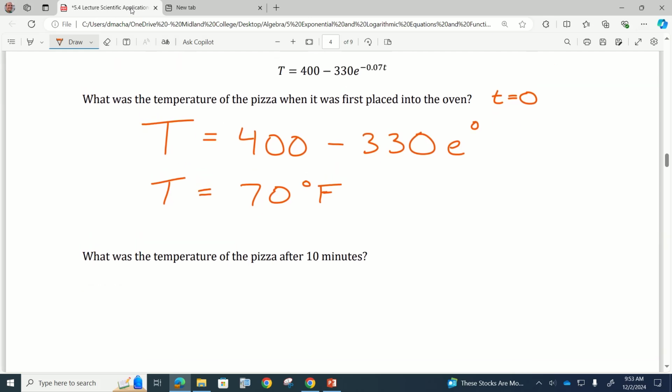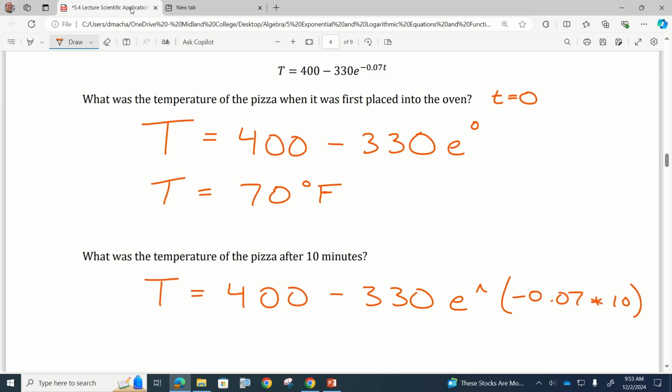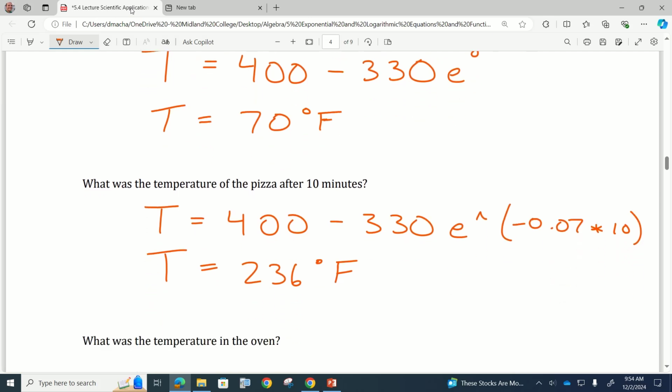What was the temperature of the pizza after 10 minutes have passed? Okay. 236 degrees Fahrenheit, so it's warming up after 10 minutes.